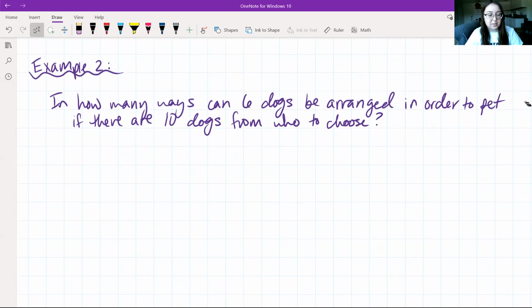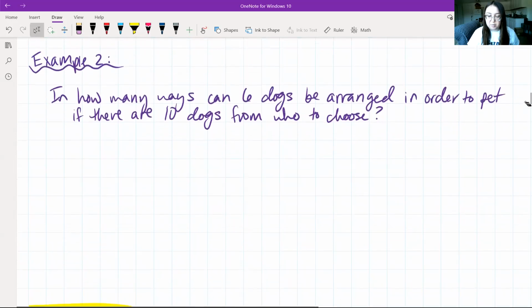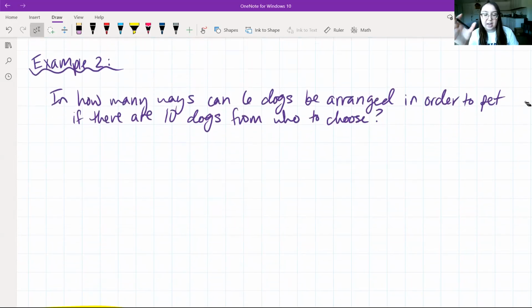All right, example 2. In how many ways can 6 dogs be arranged in order to pet if there are 10 dogs from which to choose? So we see here, we will just want to take 6 dogs out of 10 and arrange them in order, or a certain order of some kind.